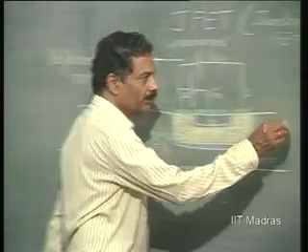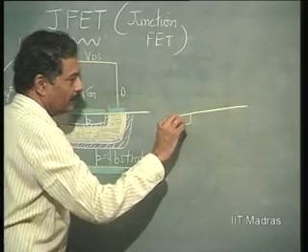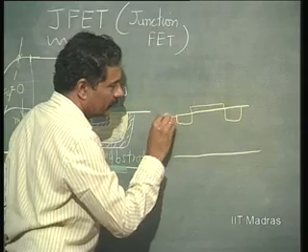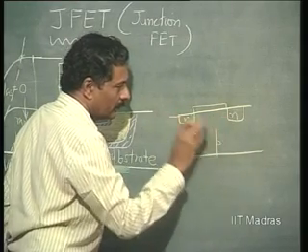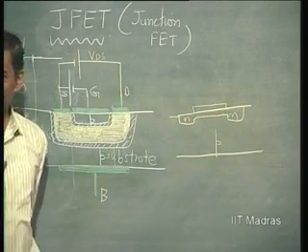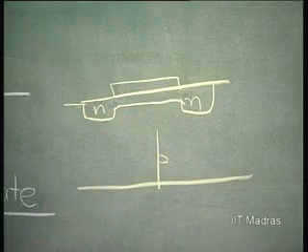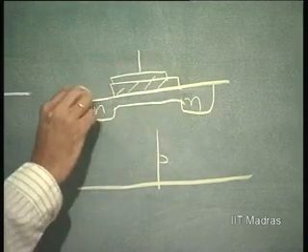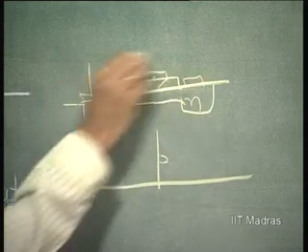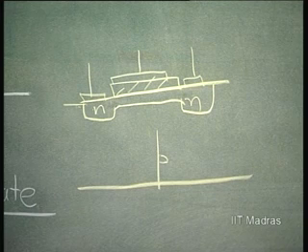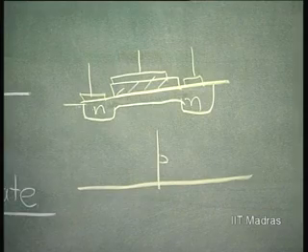So, you can have N, and the gate oxide, and diffuse impurity here, and actually have a channel like this, and then have a gate oxide here, and then have source and drain. This type of MOSFET is called depletion mode MOSFET, even though it can work both in the depletion mode and enhancement mode, because it is a MOSFET.